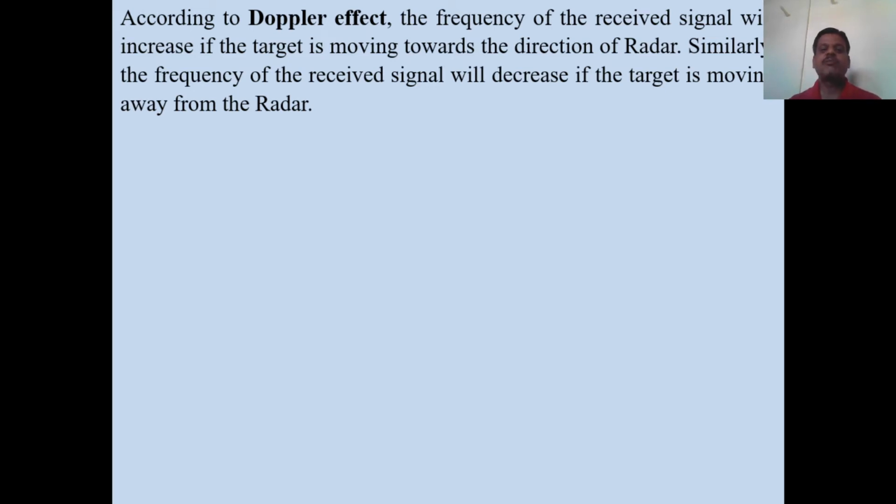First of all, let us see the Doppler effect. According to the Doppler effect, the frequency of the received signal increases if the target is moving towards the radar. If the target is coming towards the radar, then its frequency increases. But when the signal comes from a target moving away from the radar, that frequency decreases.